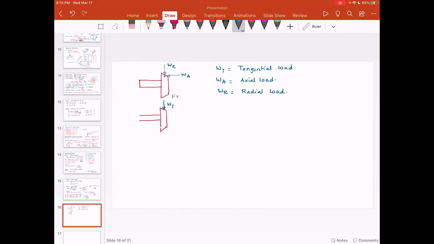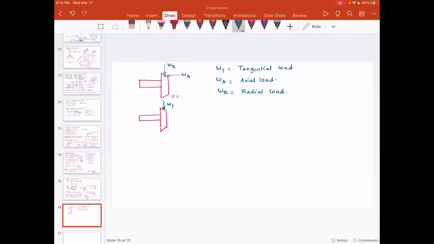Depending upon how the gear is constructed and how the gear is supported, some of this process could be slightly different. But at the end of the day, we have to find out the moments given by these individual loads.